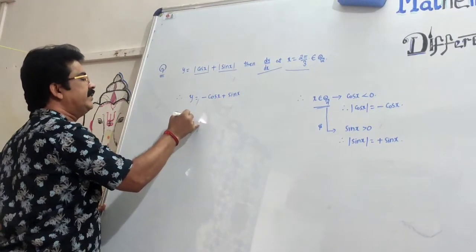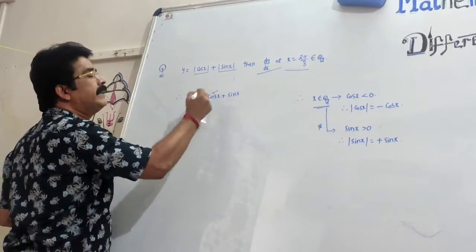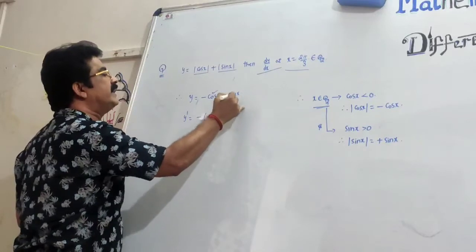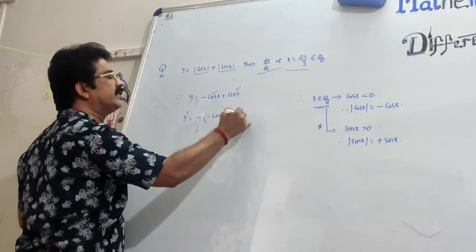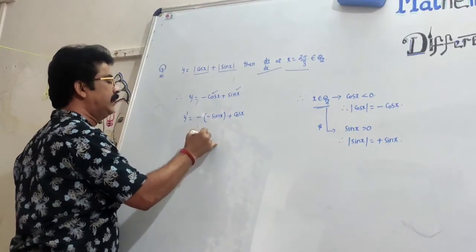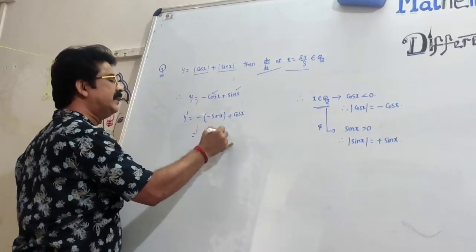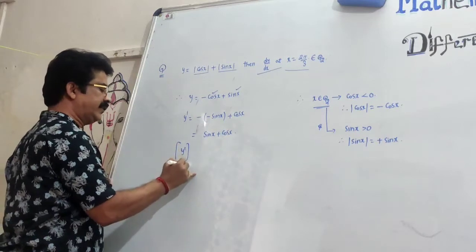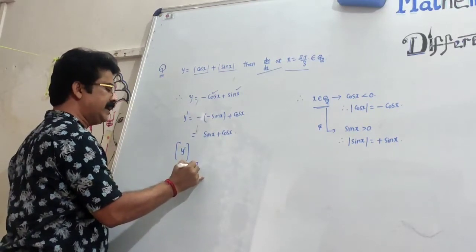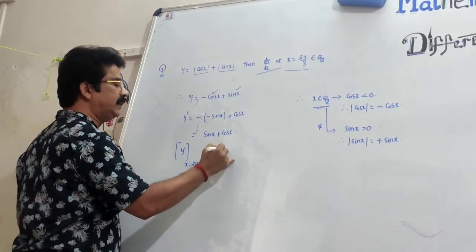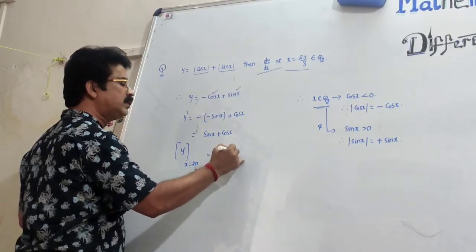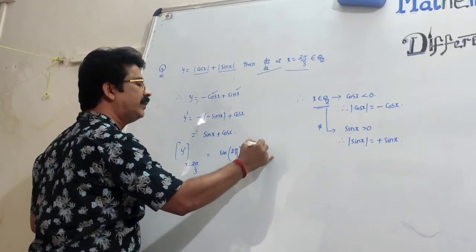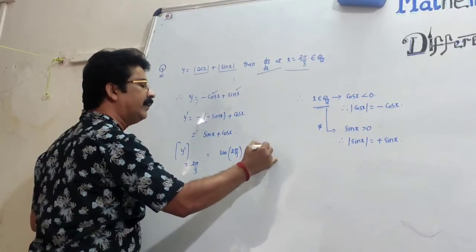Now y dash equals minus d by dx of cos x plus d by dx of sin x. So that is equal to sin x plus cos x. Therefore y dash at x equals 2 pi by 3 is equal to sin of 2 pi by 3 plus cos of 2 pi by 3.